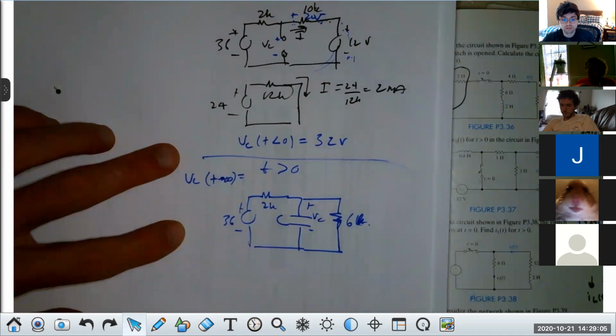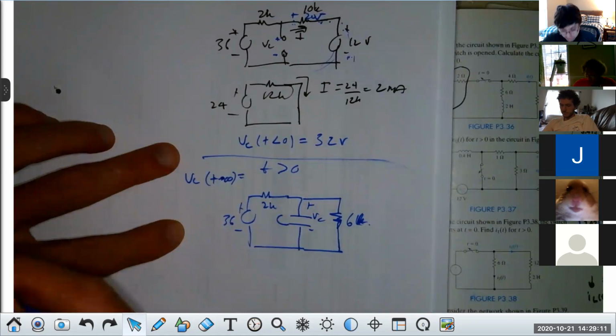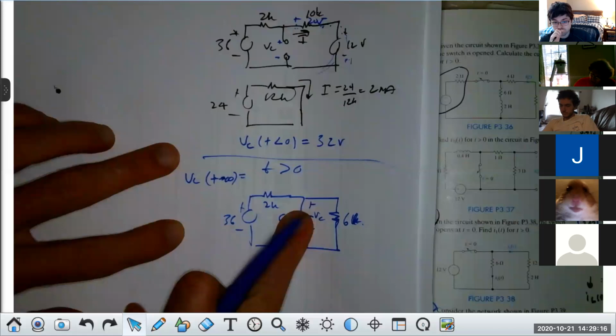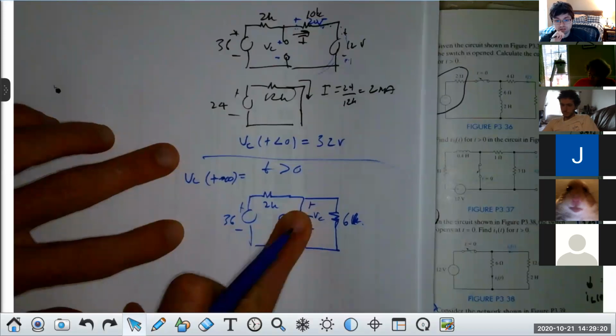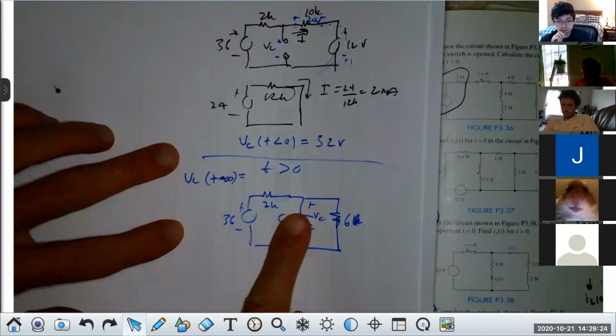Open circuit. Yes, because there's nothing changing with time. No current can flow. It's effectively an open circuit. So what's this voltage going to be? Well, it's just like it's not there, and we're looking for the voltage across that 6K, correct, class? What's that voltage going to be, anybody?